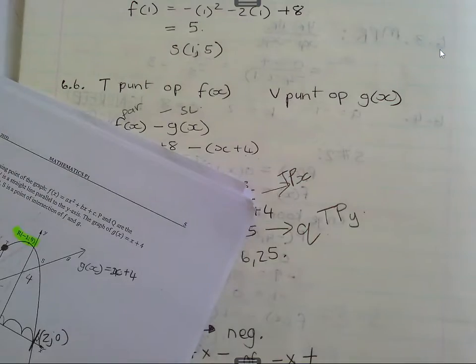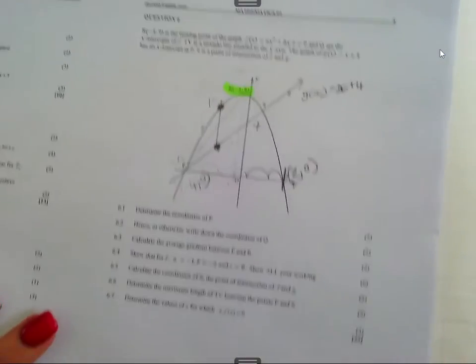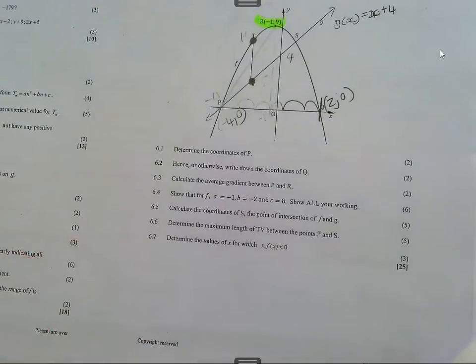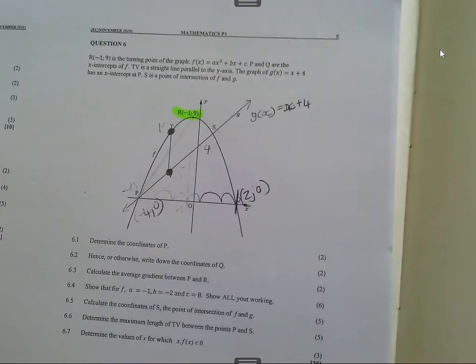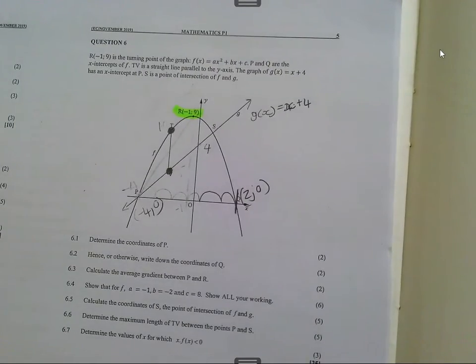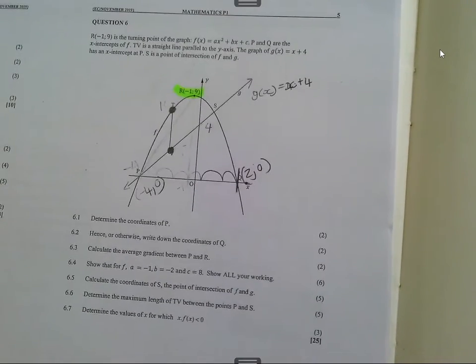The last one, the last question we have there, is also, it's really not that hard, but it's something new that we don't really know. It's not something that we can learn. So you need to understand this for 3 marks. They say, determine the values of x for which x times f of x will be smaller than 0.